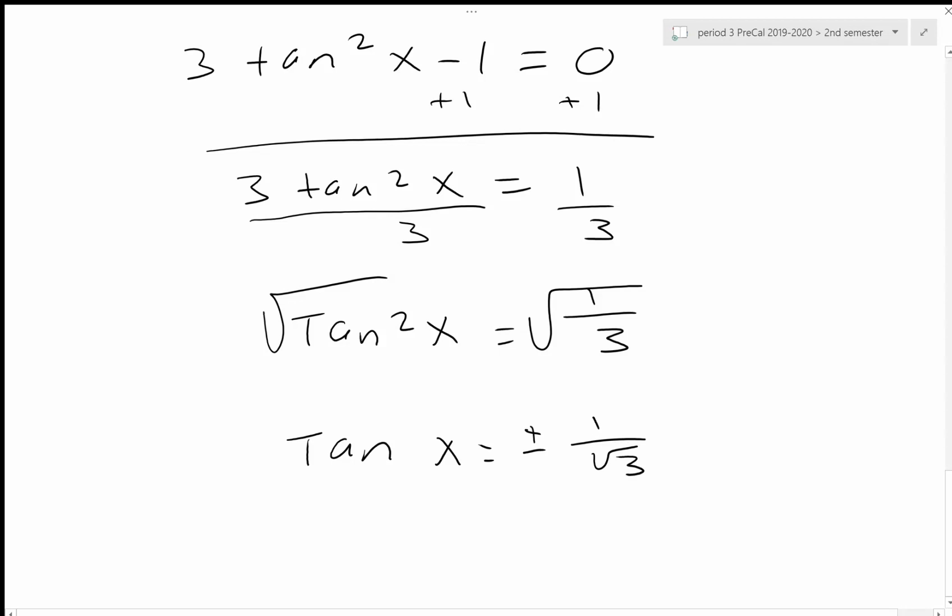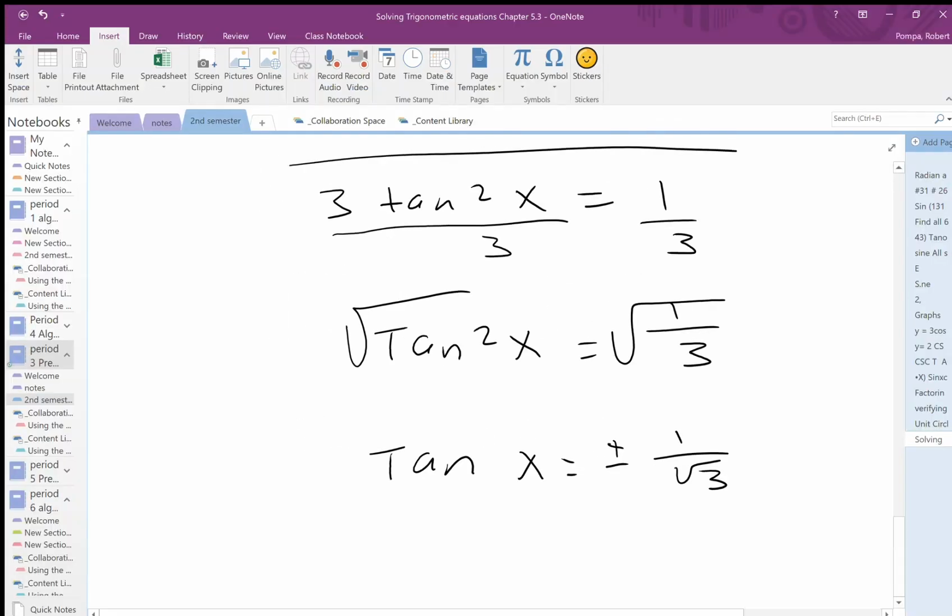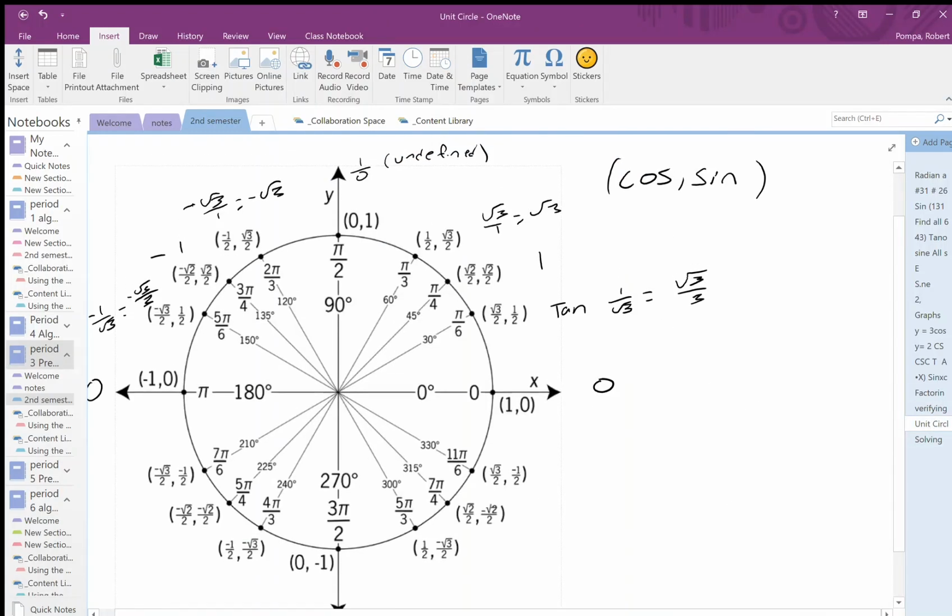Okay? Now normally I would have you simplify that, but let's go to our unit circle. We're looking for 1 over square root of 3 for tangent, which is why I did this for you. Look, tangent is 1 over square root of 3, positive. And over here, negative 1 over square root of 3. So we have pi over 6 and 5 pi over 6.